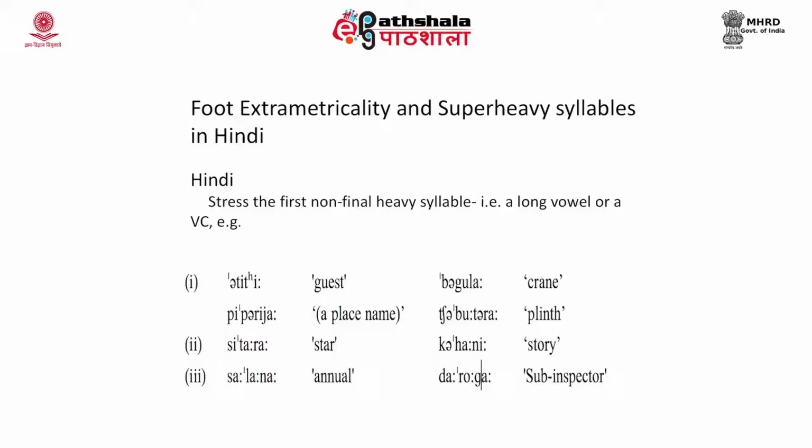Take a look at the 4 words here. You will notice there's always the final, either the consonant or these two dots, the colon which stands for length, that is for another vowel length. These are the ones which are marked extrametrical using angled brackets.